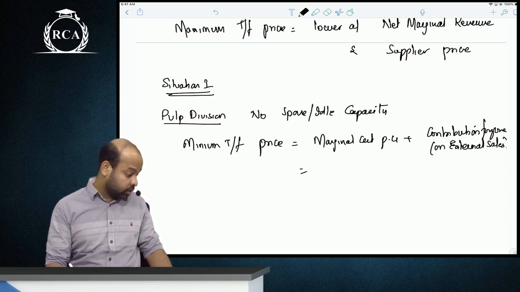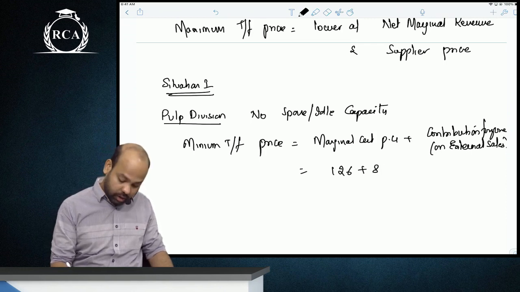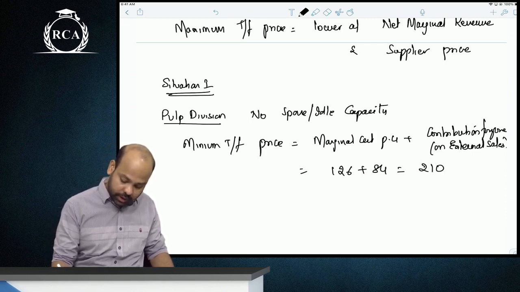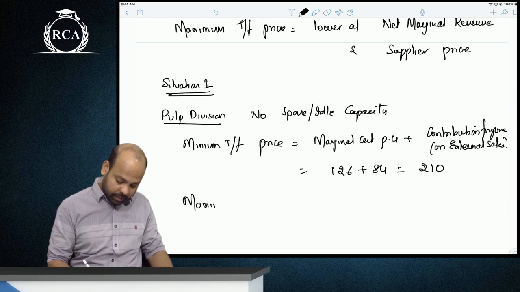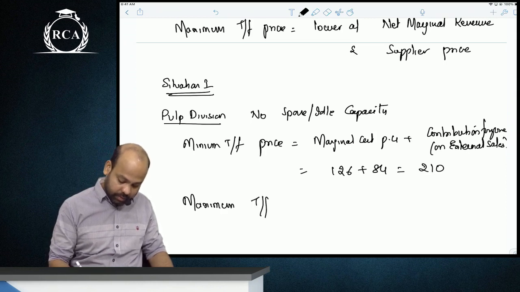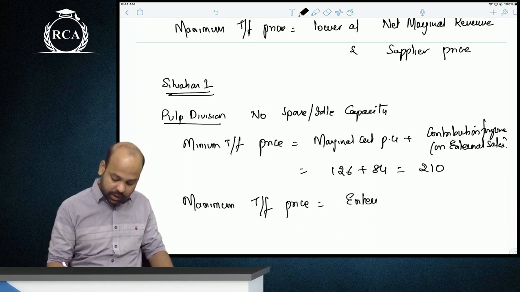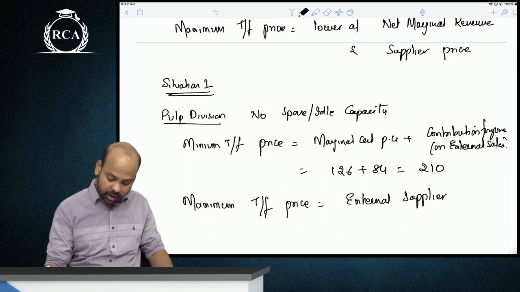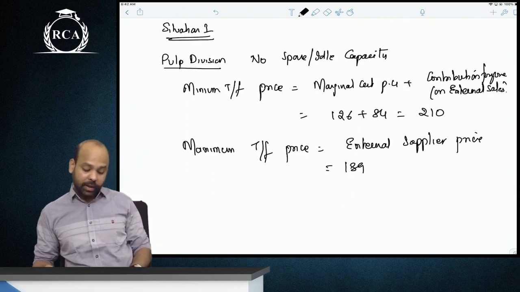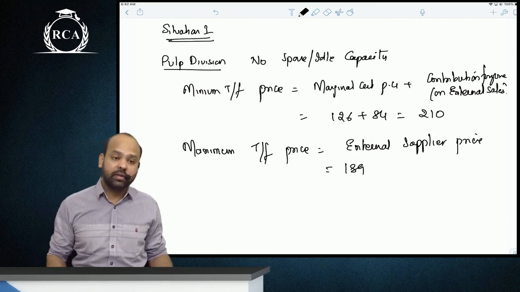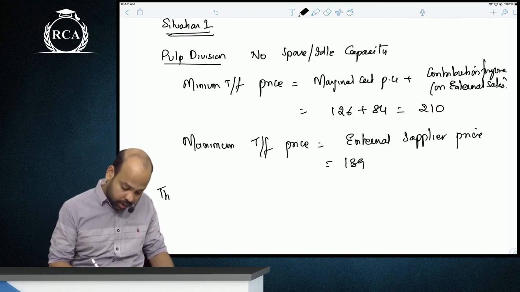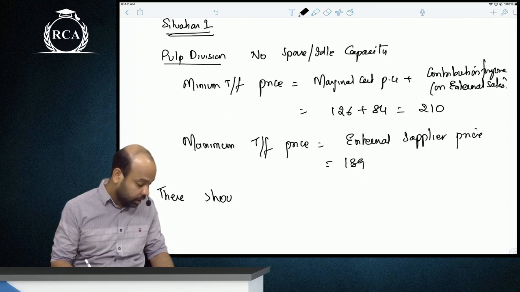Our marginal cost is 126, contribution foregone is 84, so 210. Our maximum transfer price would be the external supplier price directly, as he did not give us details of net marginal revenue, and this is 189. Please understand, there should be no internal transfers.